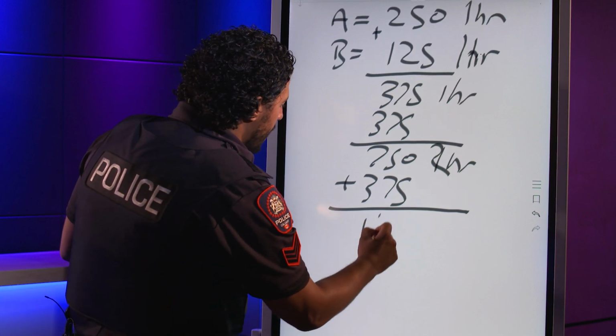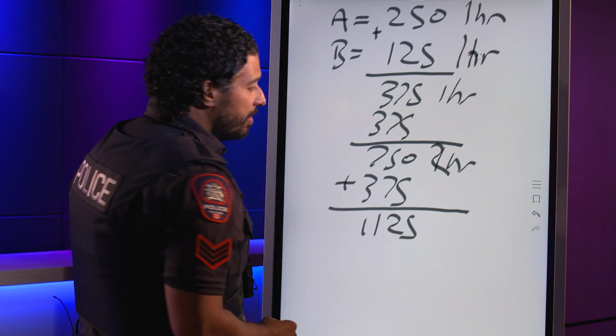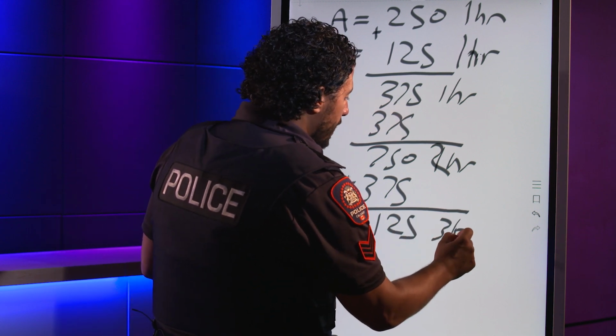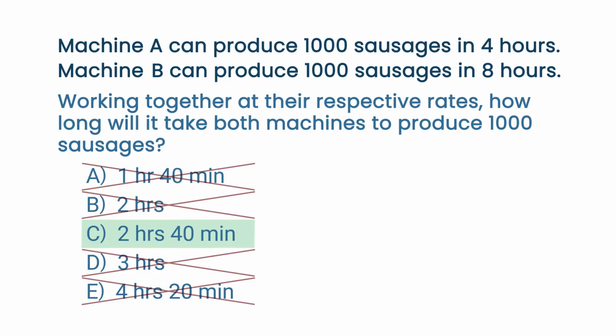That would put me at 1,125 sausages per 3 hours, which tells me right off the bat that both D and E are no longer correct.